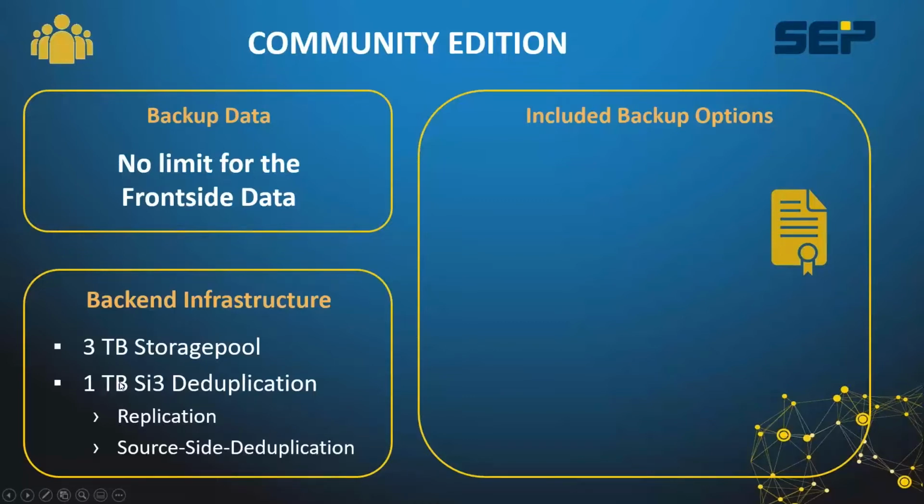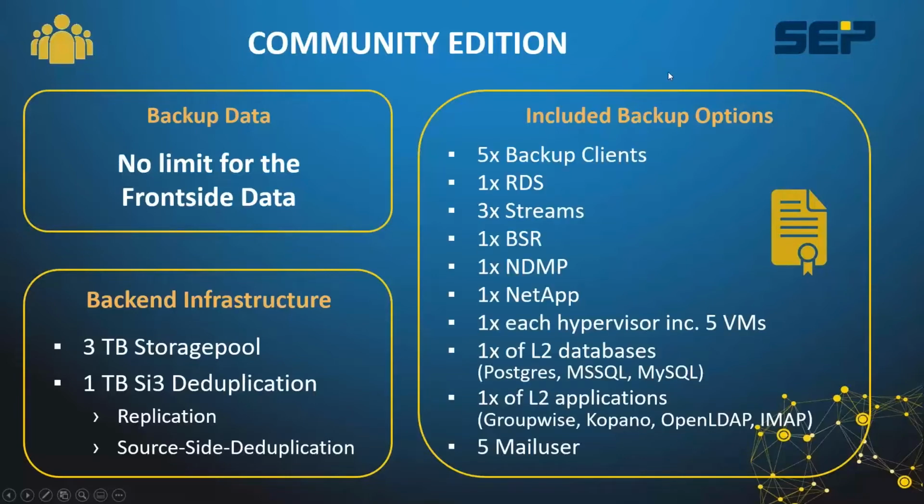However, you can use this for replication. There are also 2 nodes replication license included. You can use 1 client for source-side deduplication. That's also possible. And for the backup options, we have included 5 backup clients, so that you could back up 5 clients. You can set up 1 remote device server, so you have 3 streams.